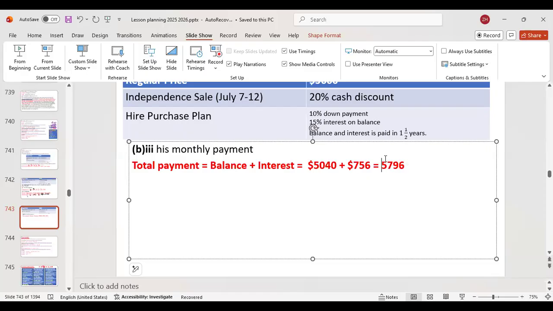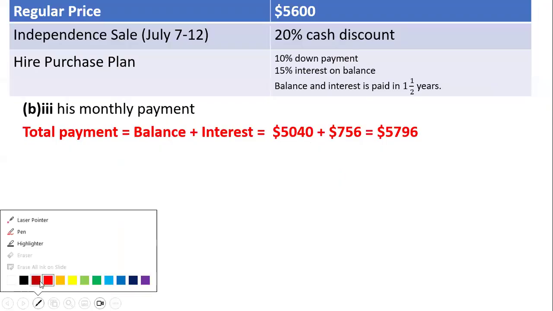That's going to be his total payment, 5,796.